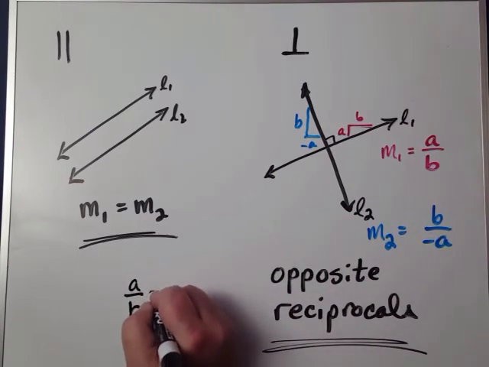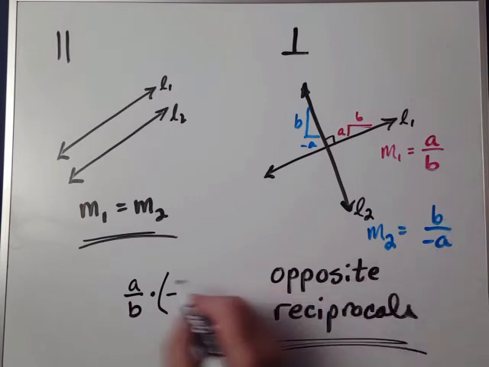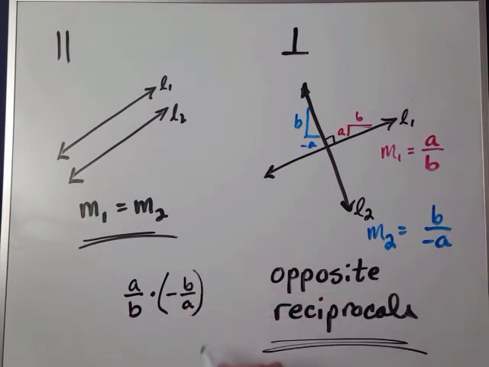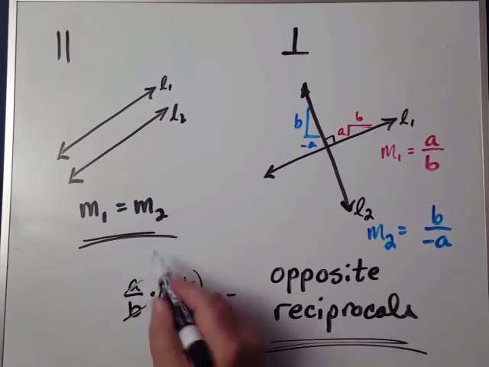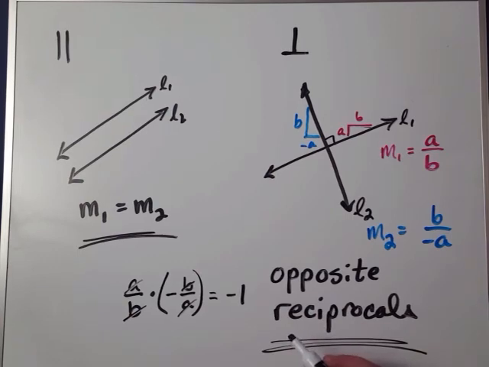A over B times negative B over A. A positive times a negative is negative. The B's cancel, the A's cancel, to leave what? 1 over 1, which is 1. Everything cancels to leave that multiplicative nothing, the 1. And a positive times a negative is negative.